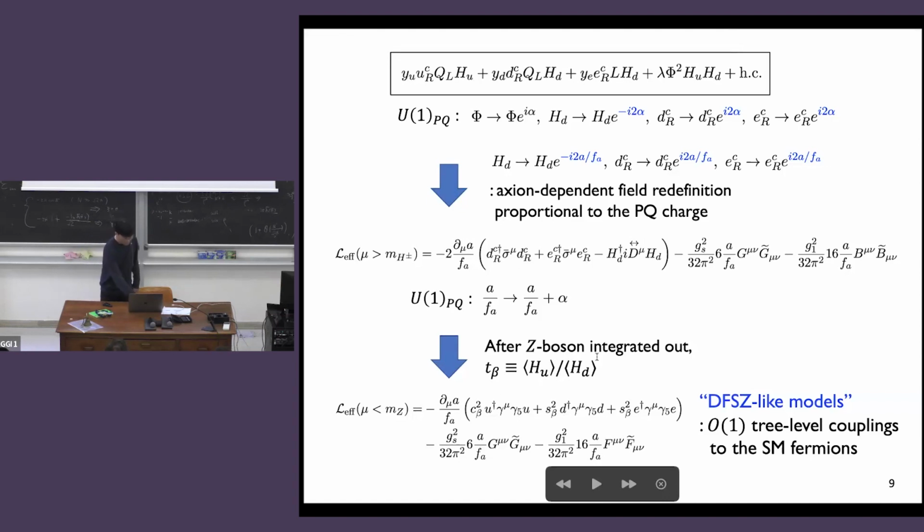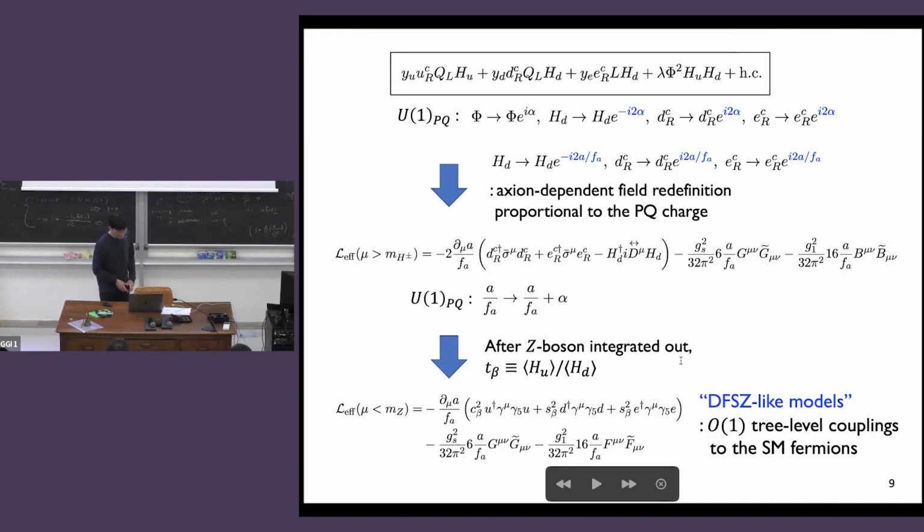Actually, this process of integrating out the Z-boson is equivalent to finding the physical axion direction after eliminating the Goldstone boson direction of the electroweak symmetry breaking. So we end up with tan beta dependent axion couplings to the standard model fermions.